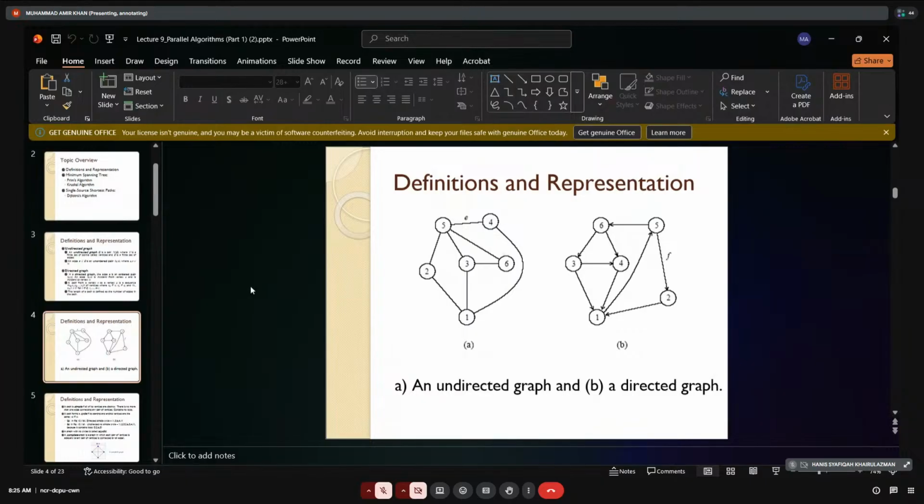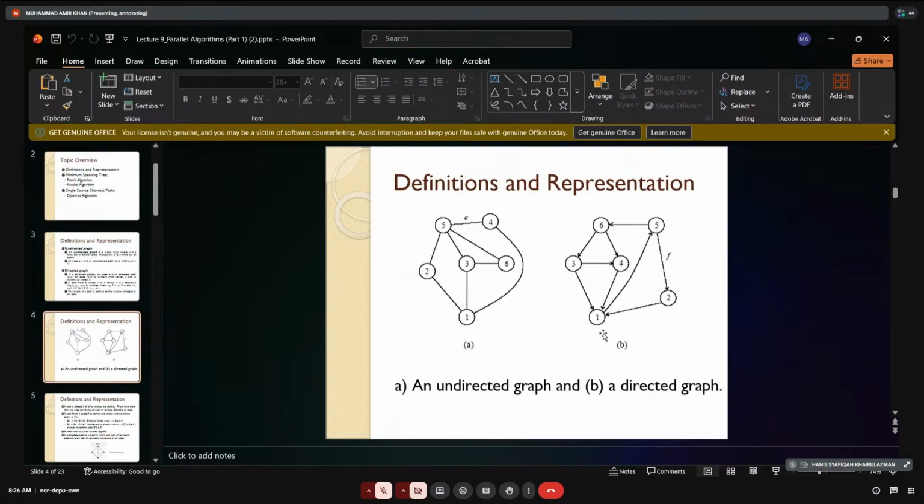So you can see the difference between the undirected graph and the directed graph. In a directed graph there is an arrow indication, and in an undirected graph there is no arrow indication. But how do we read this? In a directed graph, it's very easy to read.